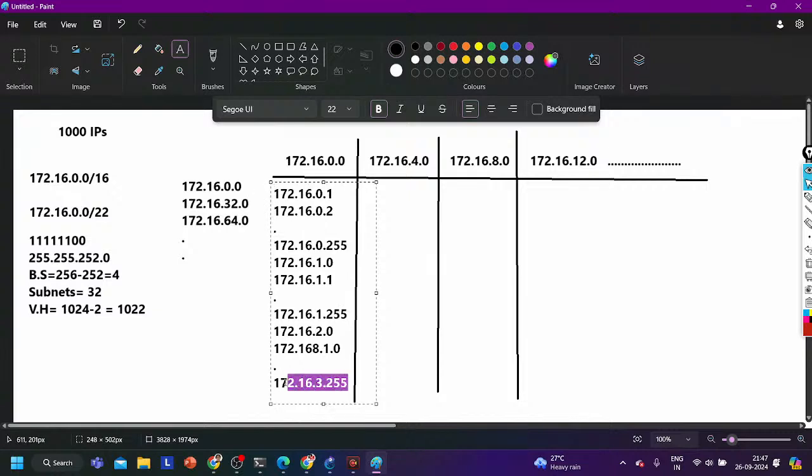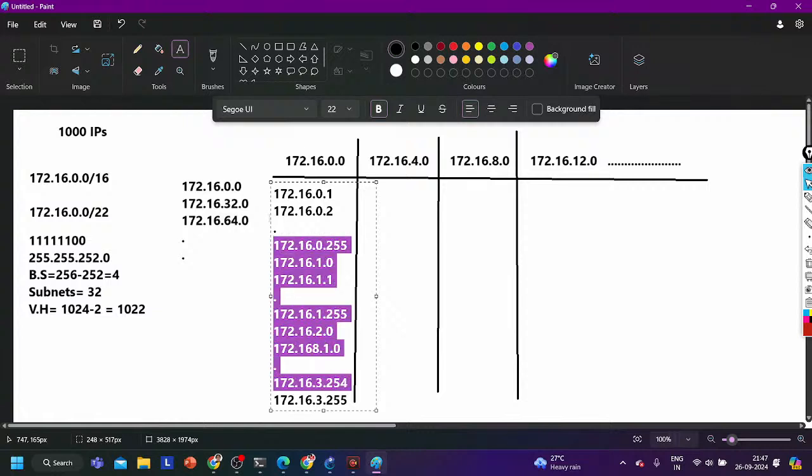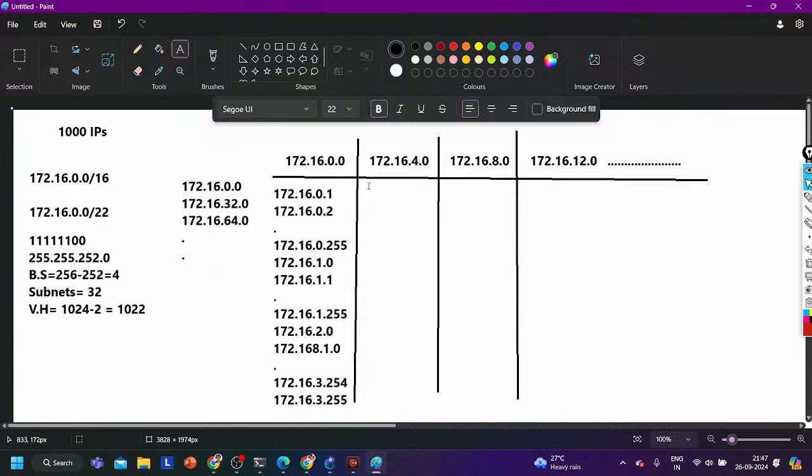This one is the last IP address. So the last valid IP address of this subnet. How many IP addresses are there in this subnet? 1022, right?